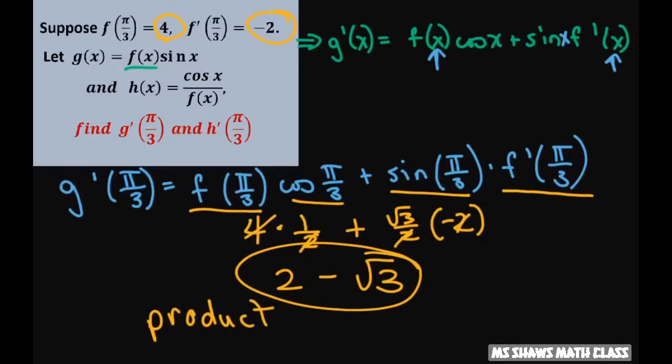All right, so for the second one, we're using this quotient rule. So first of all, we have to do h prime of x. So what you do is you copy down your denominator, take the derivative of cosine, and multiply it.